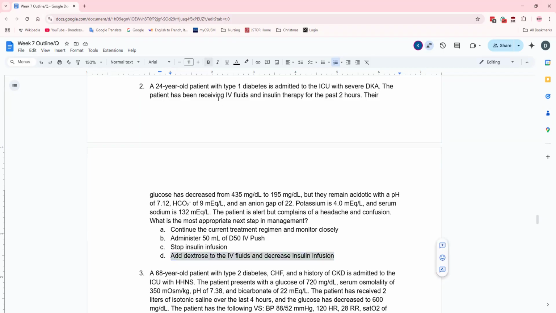The answer is D. So the idea here, what's causing this headache and confusion? And then we'll read back the scenario.